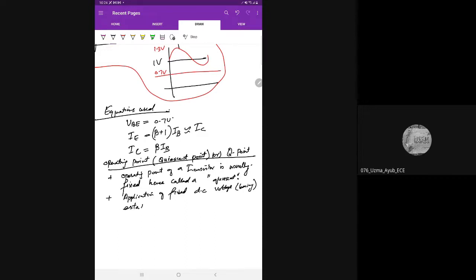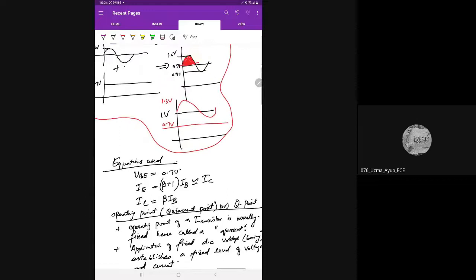It actually establishes this point, establishes a fixed level of voltage and current. So once we apply DC voltage, what is the effect of this DC voltage? It basically establishes a fixed level of voltage and a fixed level of current.